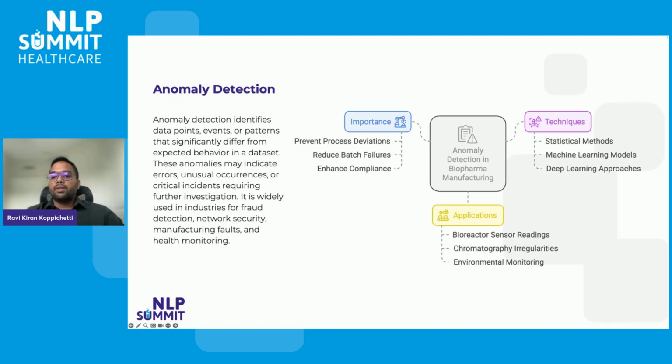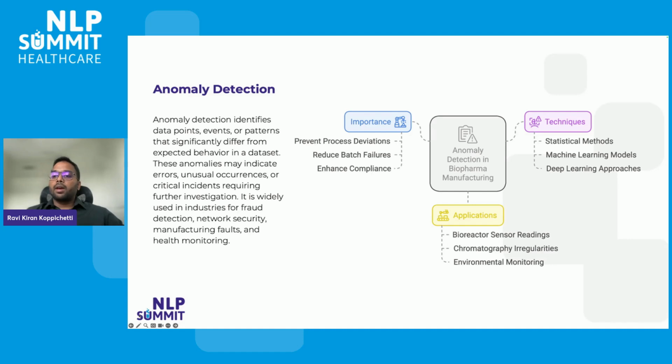Even minor variations in the biopharma industry can result in significant consequences, affecting product quality, regulatory compliance, and financial outcomes. Unfortunately, traditional monitoring methods often overlook these subtle anomalies that could escalate into major problems.